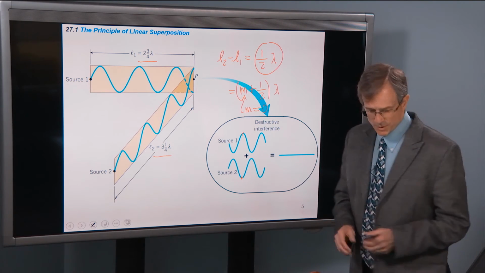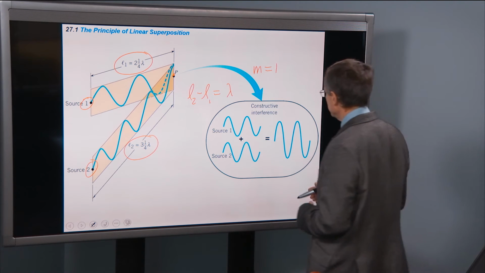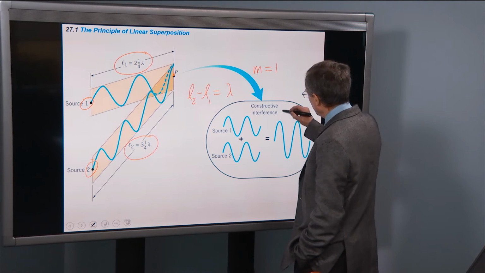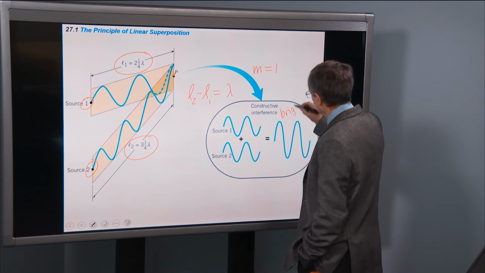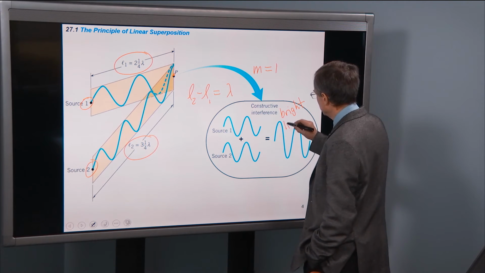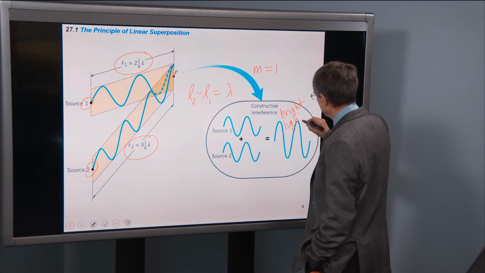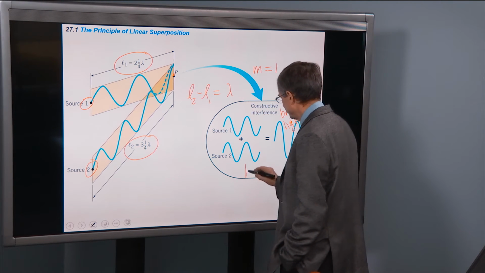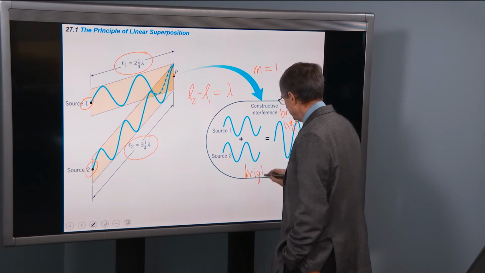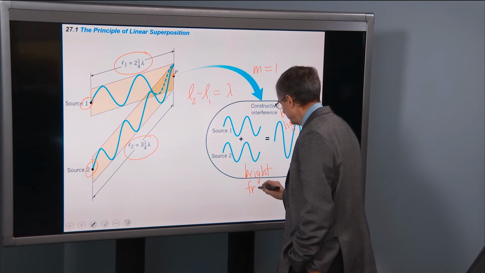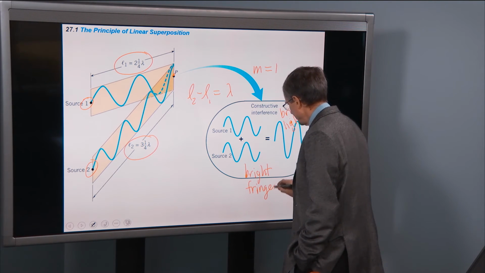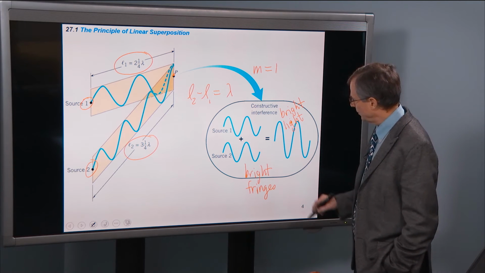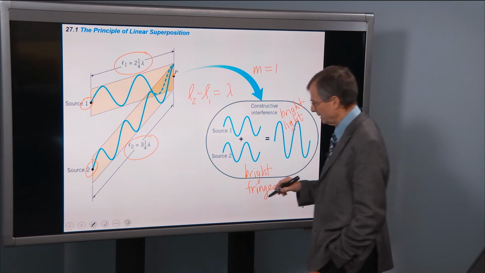So for constructive interference, when we get this kind of situation, we get bright light. We're going to call those bright fringes. And this is also called a maximum.